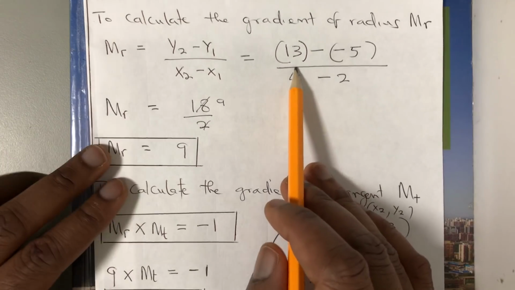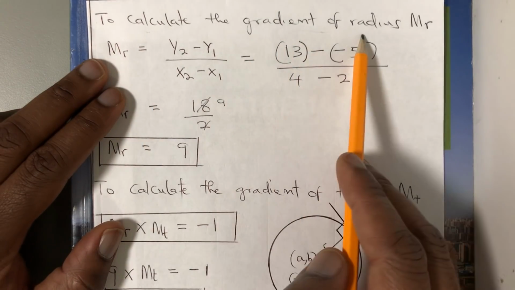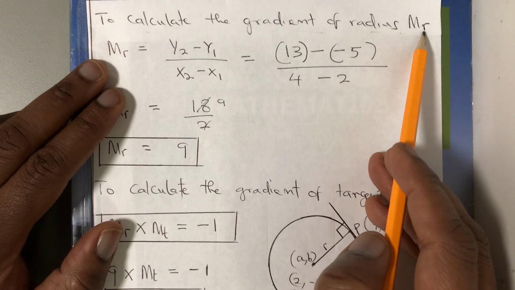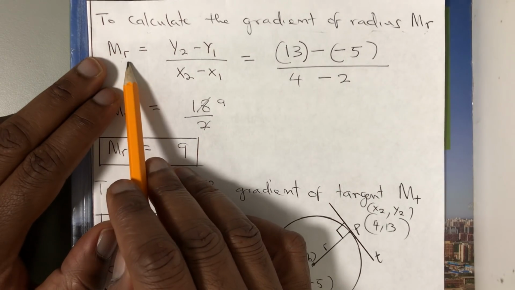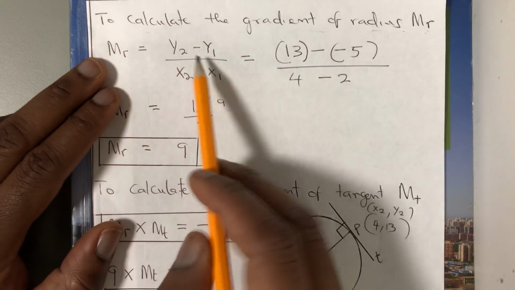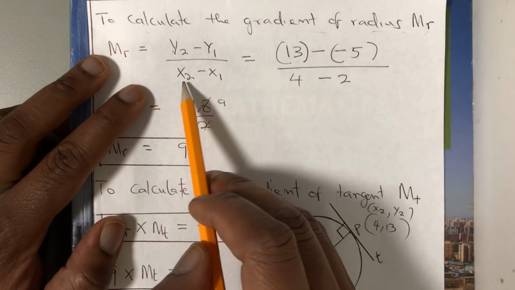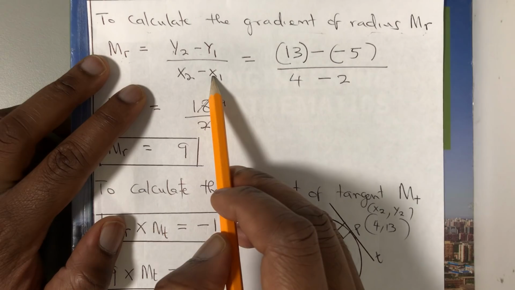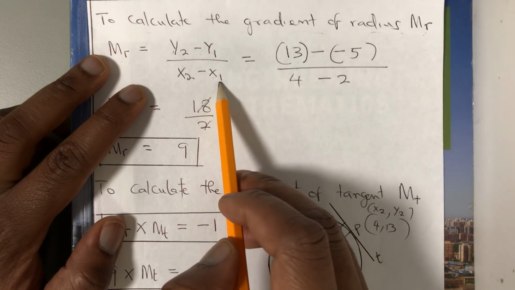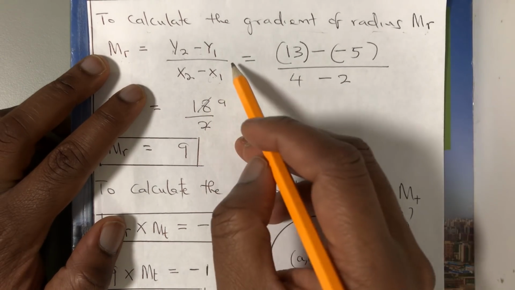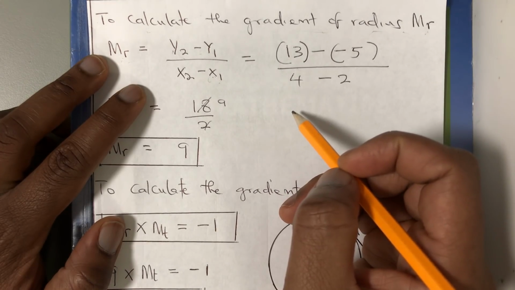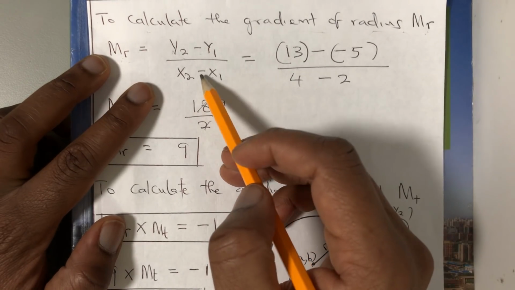From there, we can calculate the gradient of the radius, which is MR. Our MR equals y2 minus y1 over x2 minus x1, which is the formula for the gradient of a straight line connecting the radius.